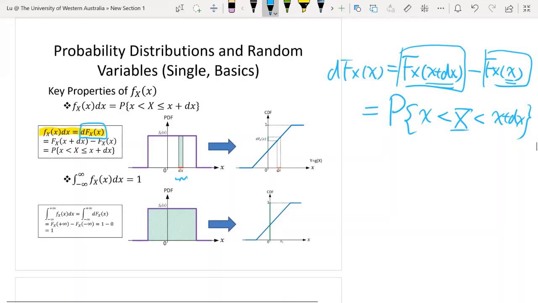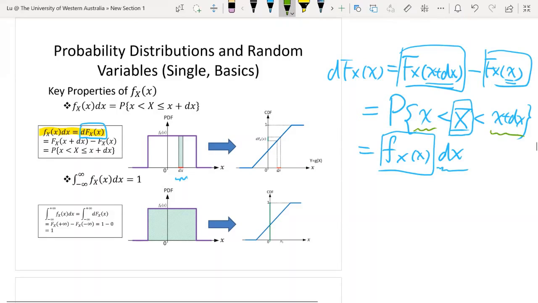And if you link this one to the PDF, that's equal to fx(x) dx. Or in other words, this PDF function fx(x) cannot be used to represent the probabilities, but we can use fx(x) multiplied by dx to represent the probability that the random variable capital X falls into the x to x plus dx range.